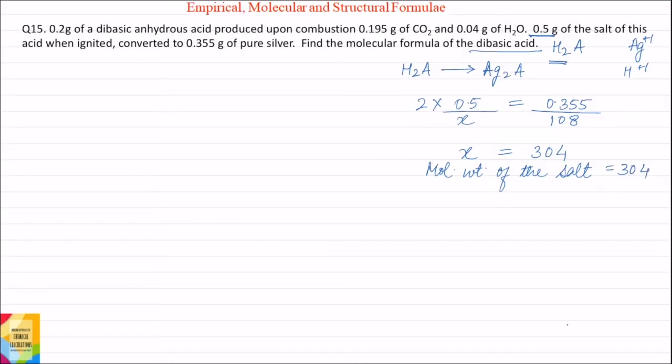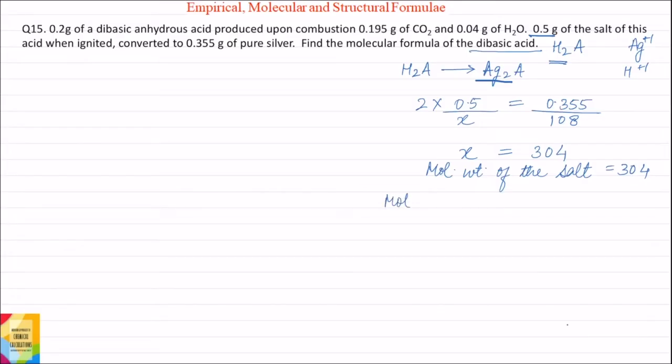Now, from the molecular weight of the salt, if we subtract the weight of 2 atoms of silver and add the weight of 2 hydrogen atoms, we get the molecular weight of the acid.